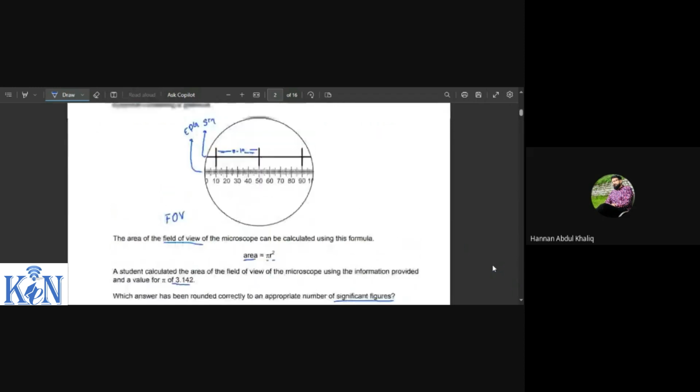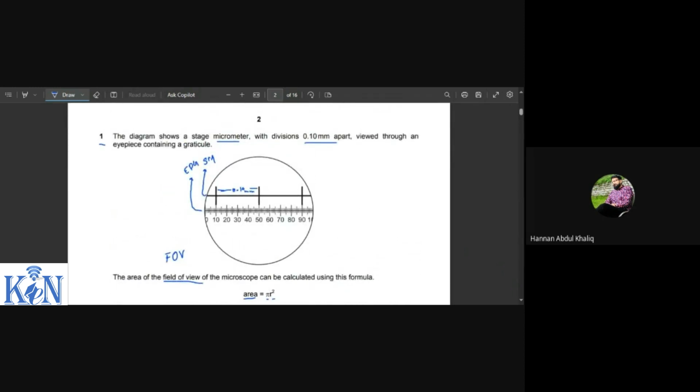First of all, let's see what the calibrations of the eyepiece graticule and stage micrometer are.